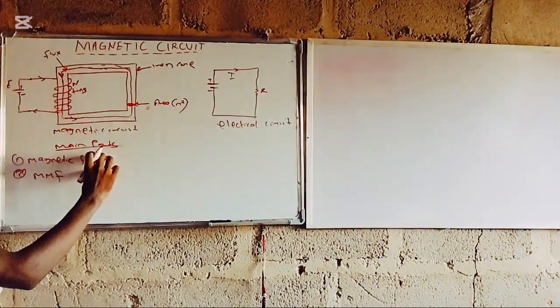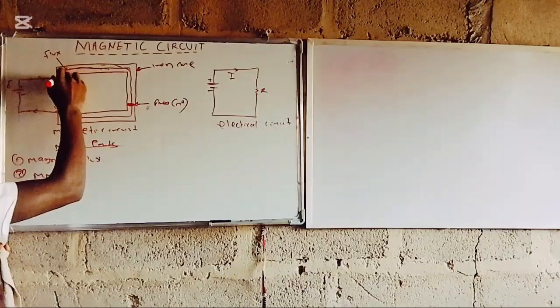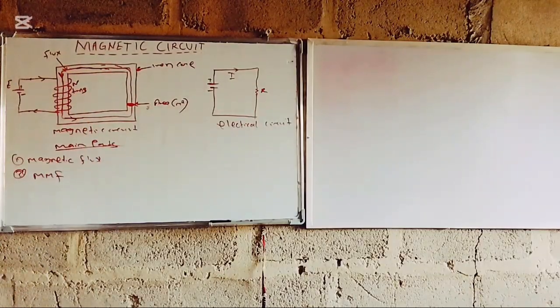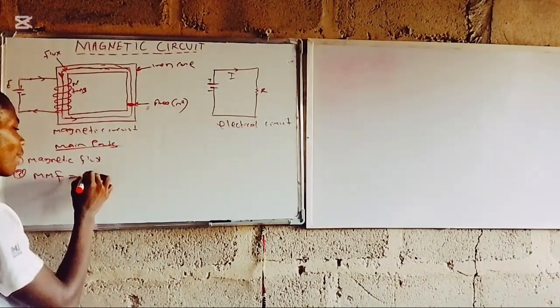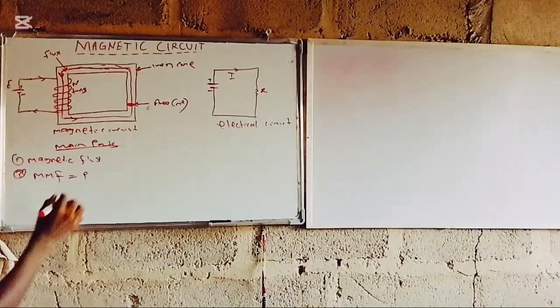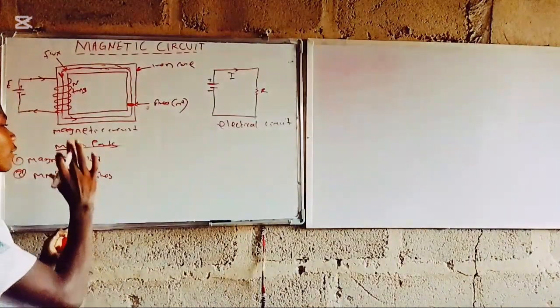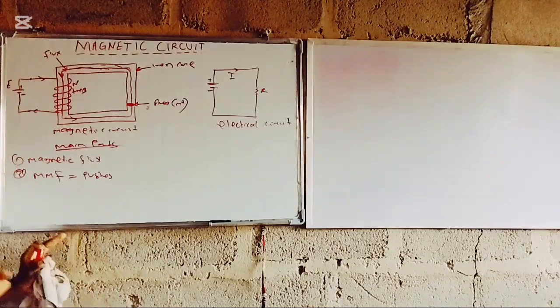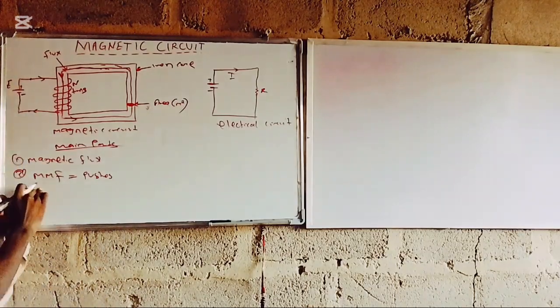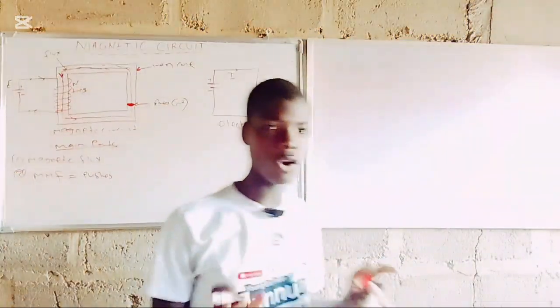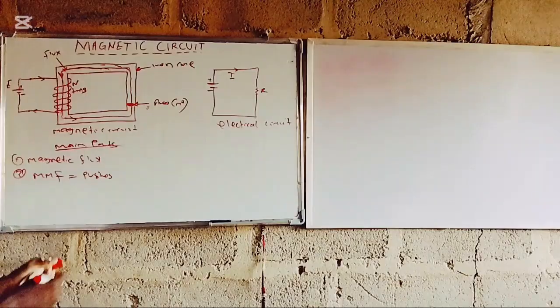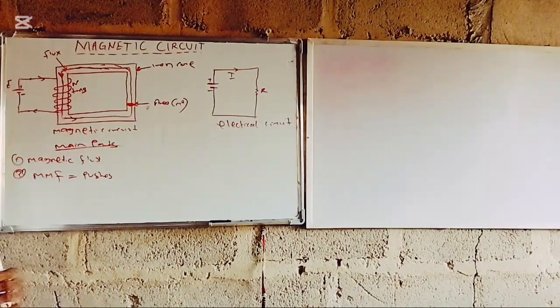As you can see, the magnetic flux is the flux that is flowing through the circuit. Why magnetomotive force? It pushes the magnetic flux. The magnetomotive force pushes the flux in the circuit.